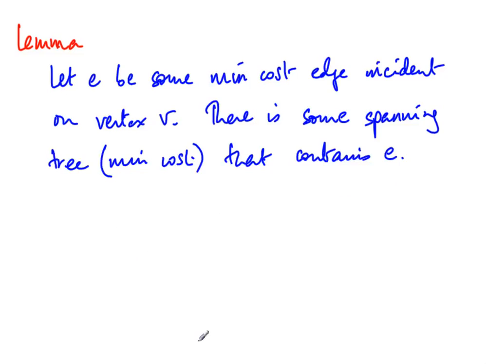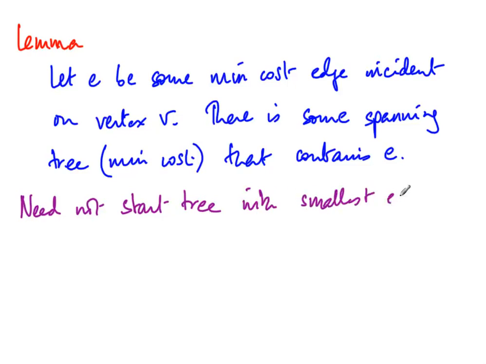So now we need not start the tree with the smallest edge. Instead, we can start at any arbitrary vertex v that we would like, right? So we have initially a tree which contains just v. So this is a trivial tree with one vertex and no edges.